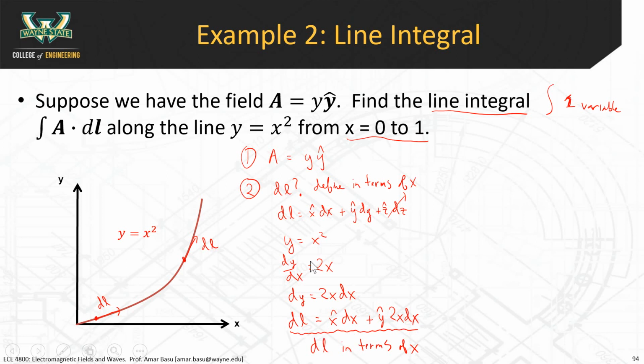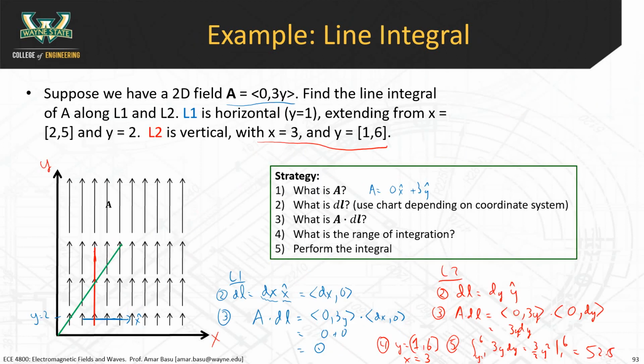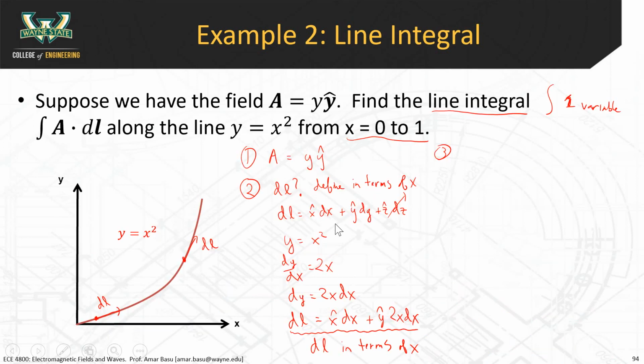So the next step is A dot dl, right? I'm just going by this chart here. What is A? What is dl? What is A dot dl? So A dot dl equals y times y hat dotted with dx times x hat plus 2x dx times y hat.